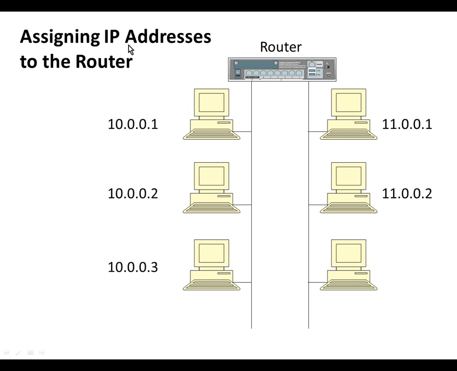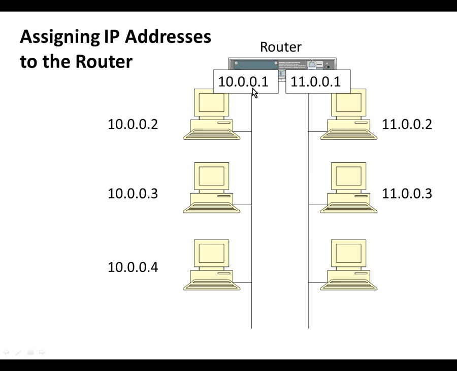Now, I didn't mention this, but you also have to assign an IP address to the router, because a router is a device with two network interface cards. One network interface card goes to each network. So the Ethernet cards themselves need IP addresses.